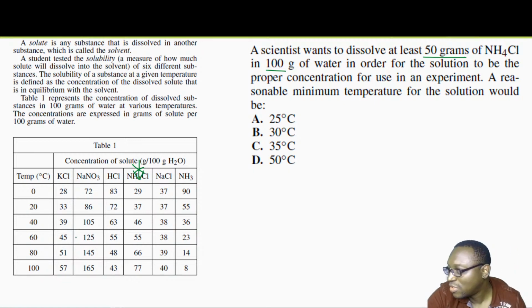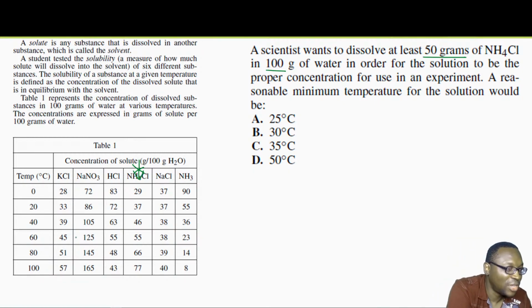One thing I want you to see as you're answering the question is, you look at NH4Cl, pay attention that as the temperature increases, the concentration is also increasing. So that means that if you want 50, you cannot have 50 before 40 degrees because 50 is greater than 46.